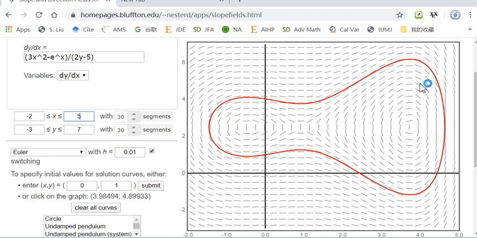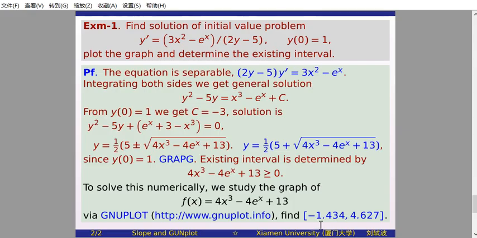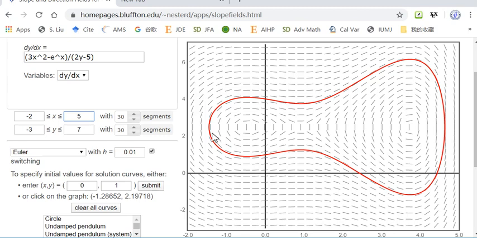Therefore, this is the integral curve of our differential equation passing through the point 0, 1, determined by the initial value condition. This integral curve has vertical tangent at the two endpoints of this existing interval, x equal to -1.4 and 4.6.